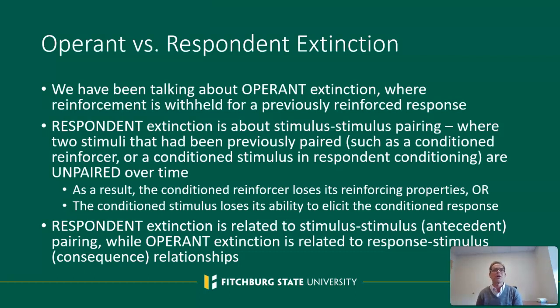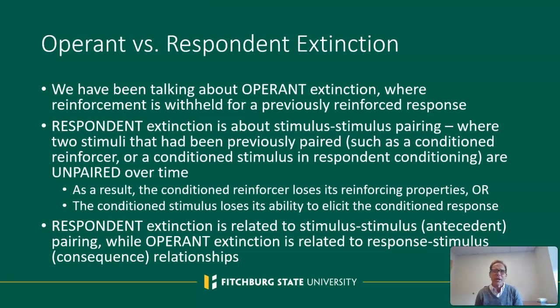Respondent extinction is when these things are unpaired over time. And as a result, the conditioned reinforcer loses its reinforcing properties, or the conditioned stimulus loses its ability to elicit the conditioned response.